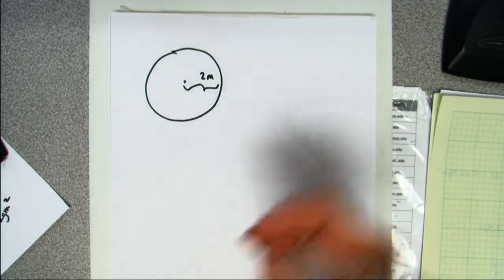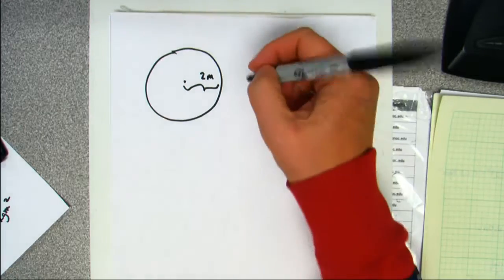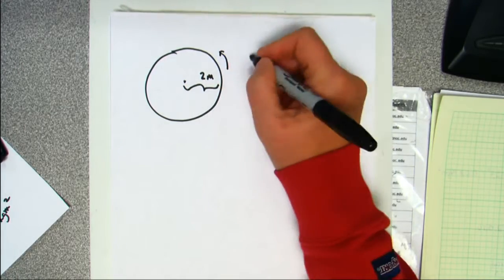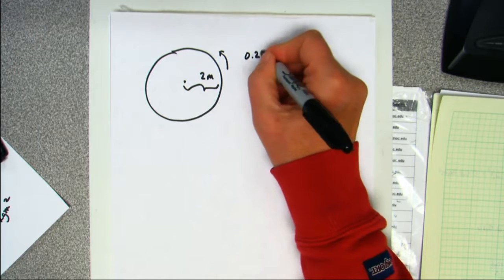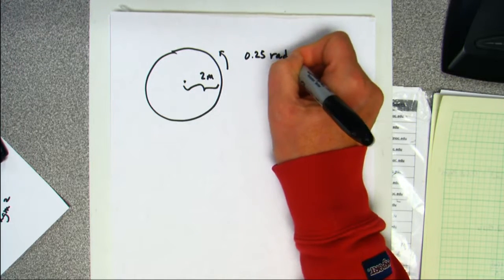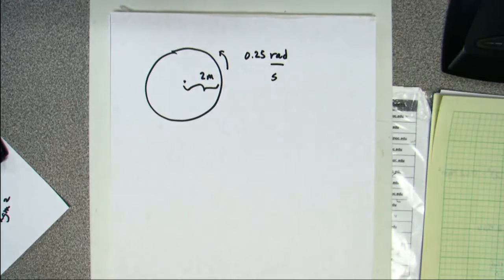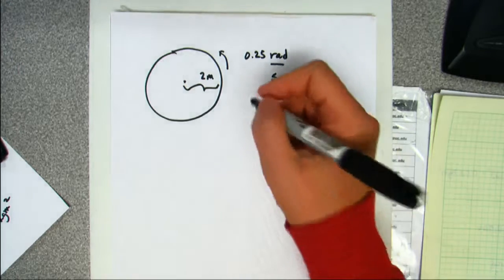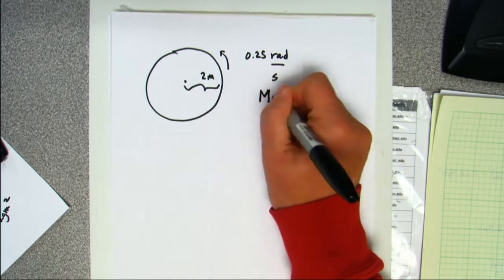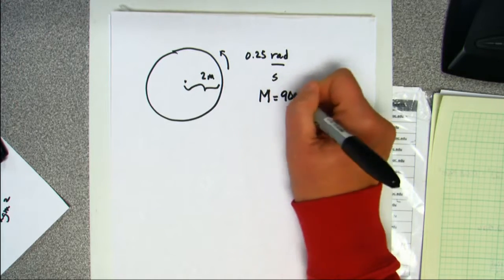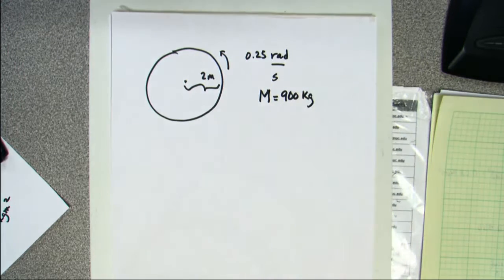It's going to be rotating at a speed of 0.25 radians per second. Initially, the merry-go-round is going to have a mass of 900 kilograms. So it's one of those good old-fashioned steel merry-go-rounds.